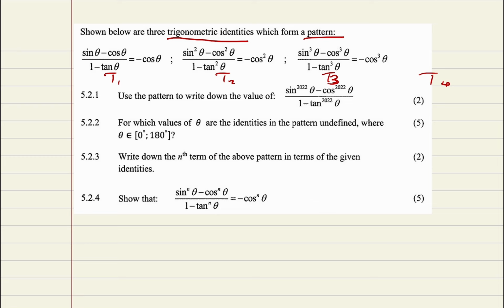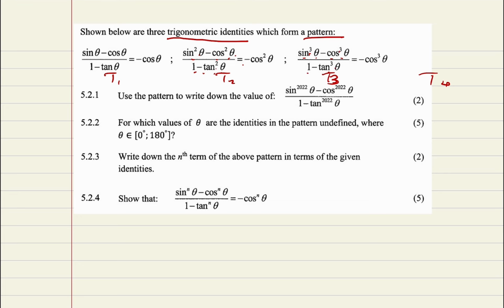On the second term, there is sine squared theta and cos squared theta, over 1 minus tan squared theta, which is equal to negative cos squared theta. Here it is sine cubed theta minus cos cubed theta, over 1 minus tan cubed.